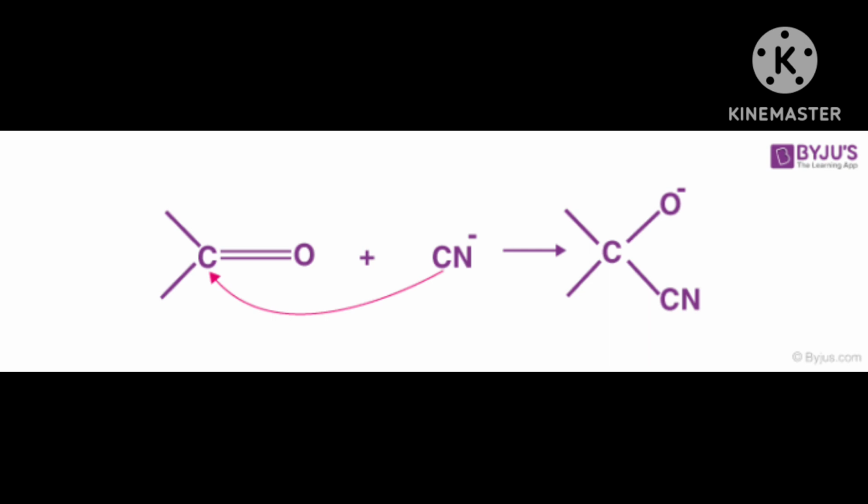After breaking, the 2 electrons are taken by oxygen only. When the double bond becomes a single bond, oxygen has taken the 2 electrons, and that's why it became negative.